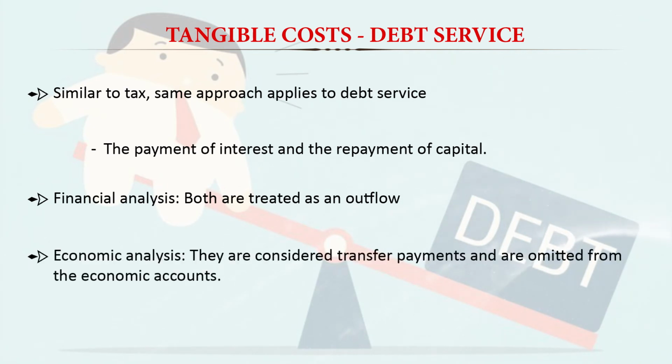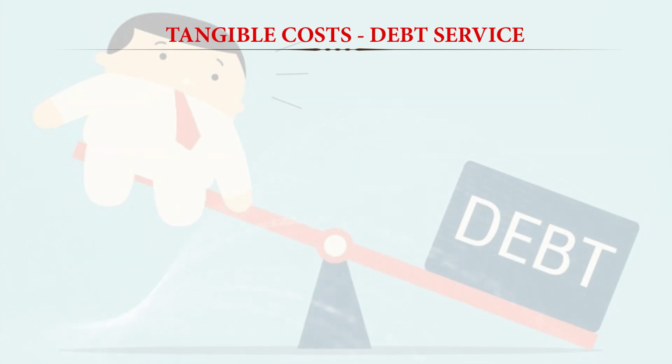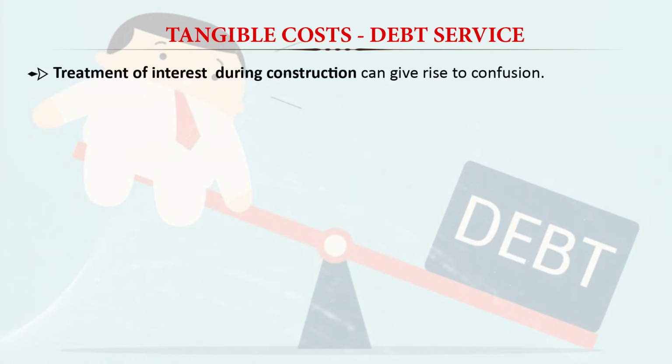And in case of economic analysis, they are considered transfer payments and are omitted from the economic accounts when we do the economic analysis. Again, on debt service, the treatment of interest during the construction gives a kind of confusion about what we should do during the construction period, whether the interest should be part of the cost items or not.